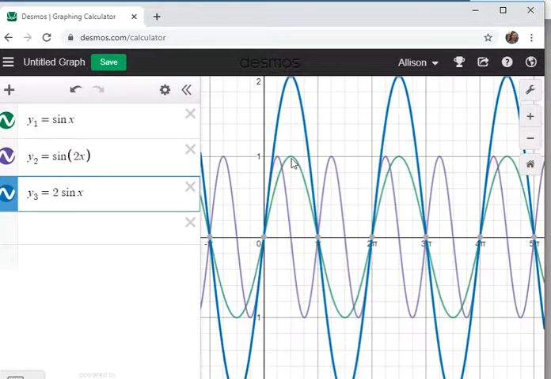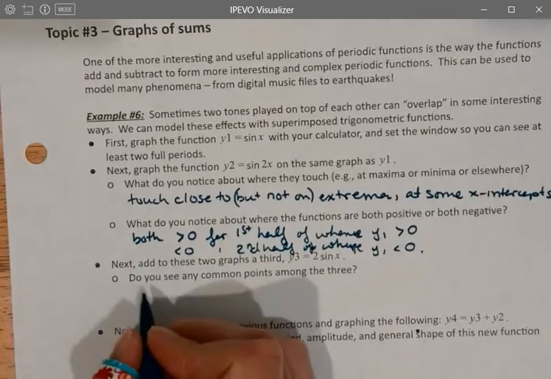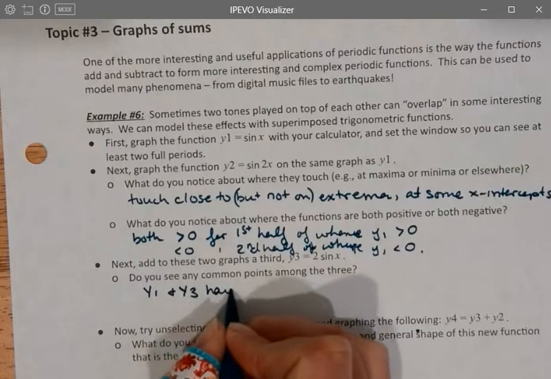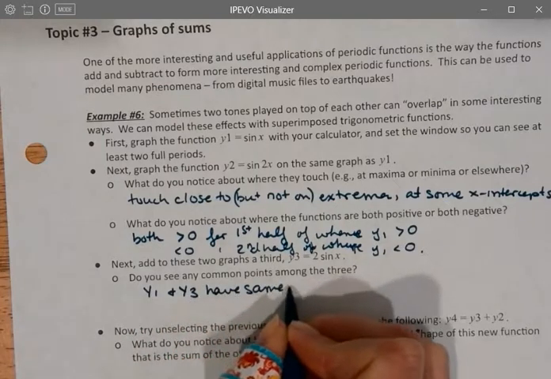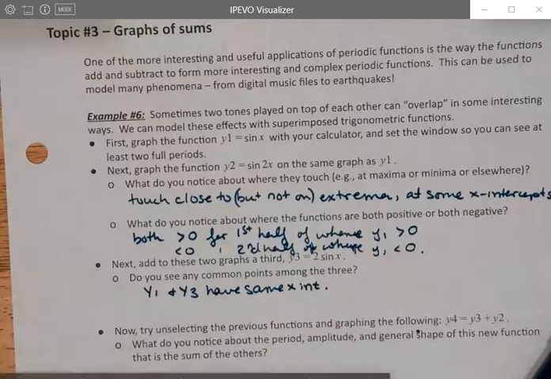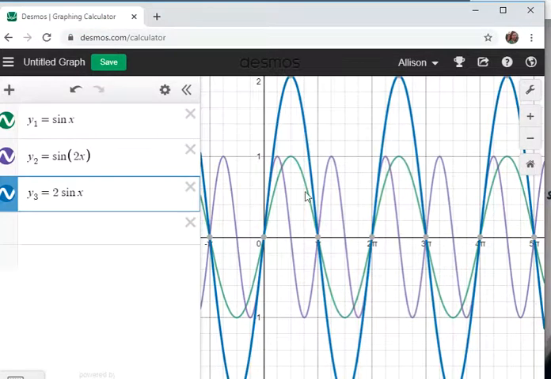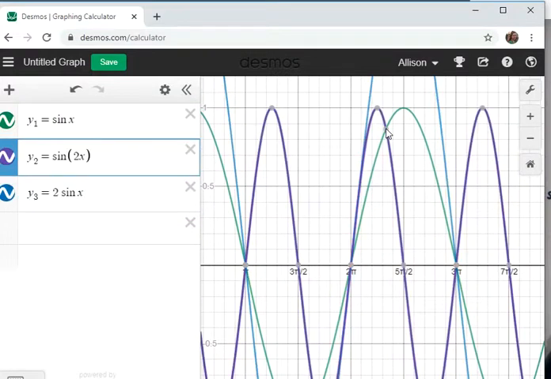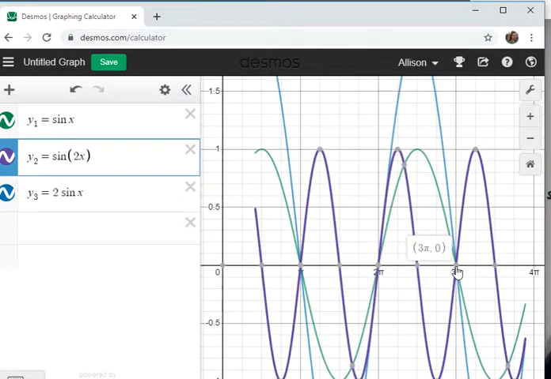So this one is going to have the same x-intercepts as y1. So we'll make a note of that. y1 and y3 have the same x-intercepts. And then let's look at y2 in comparison with that. Now, y1 and y2 had those intersection points, but y2 is not going to intersect with y3 anywhere except for the x-intercepts as well.